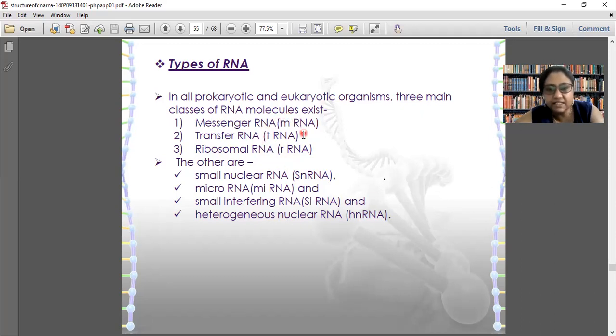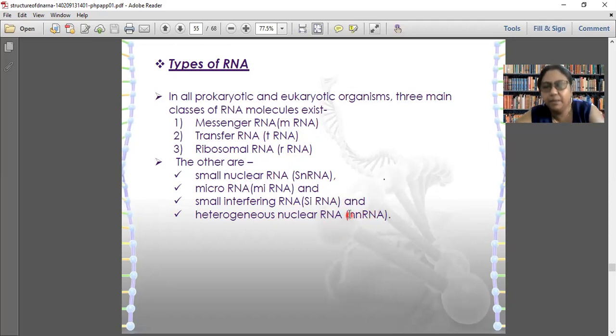So these are the three main types of RNA. Apart from that, there can be small nuclear RNA, also called snRNPs or ribozyme. Apart from that, miRNA is there, siRNA is there, and hnRNA is there.